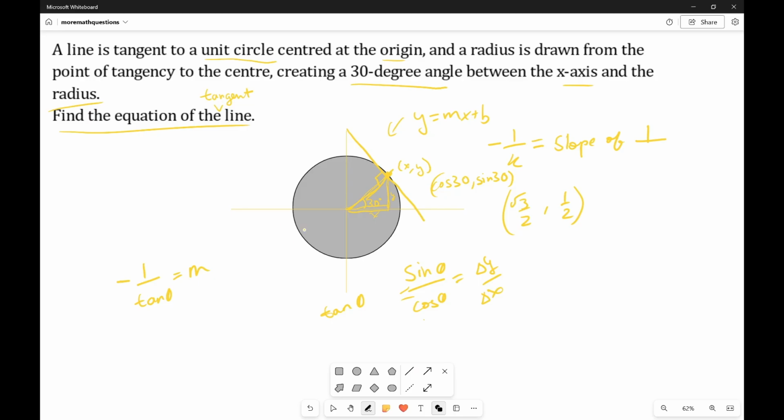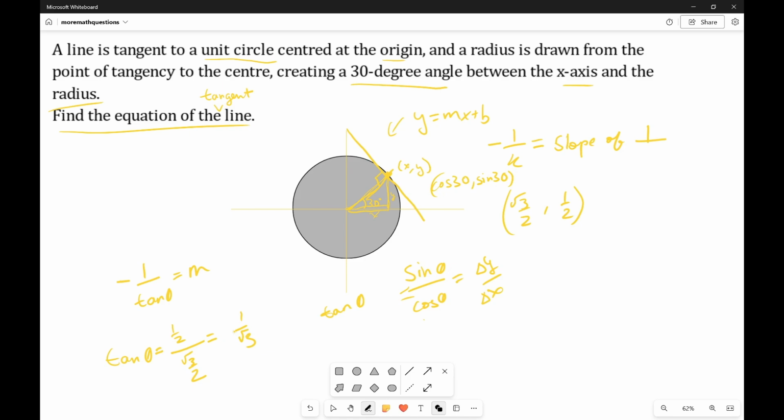Now we just have to put it together. We can figure out that tan theta is equal to, again using our sine and cosine values, 1/2 divided by root 3 over 2, which is the same thing as 1 over root 3.